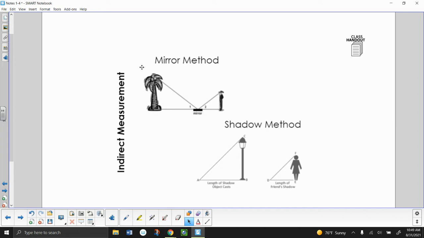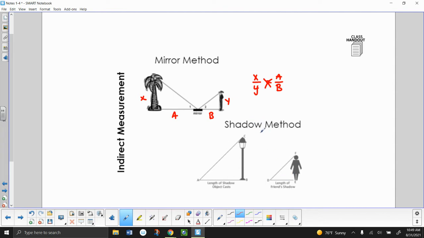For instance, if we call this X and this Y, and then we call this A and this B, we can set up a ratio X over Y equals A over B. Or you can do X over A equals Y over B, but basically you have two similar triangles and then you can cross multiply and solve.